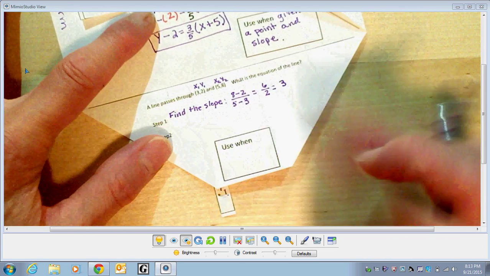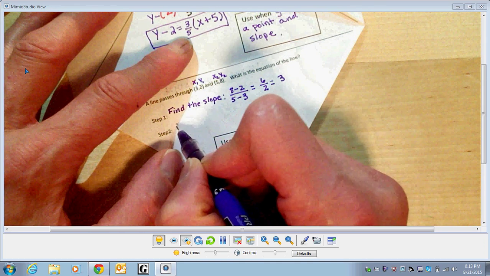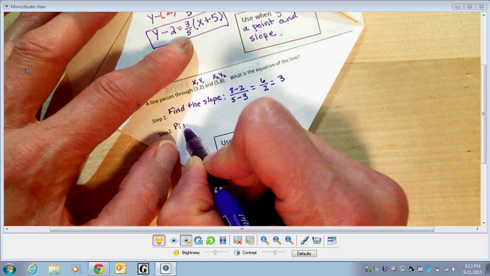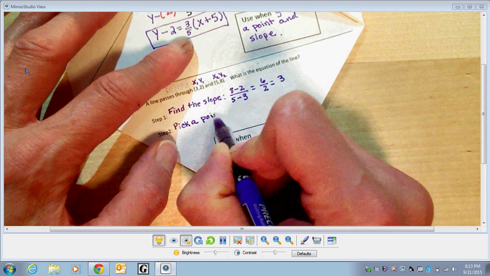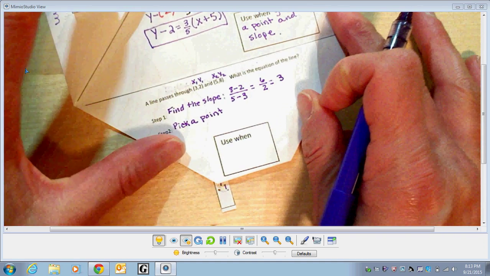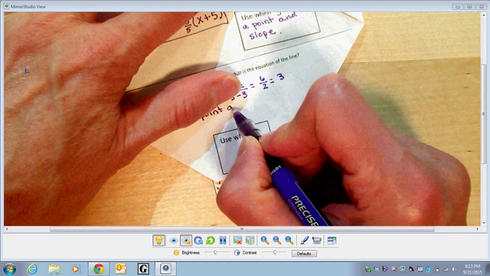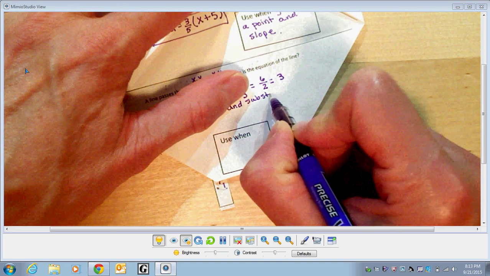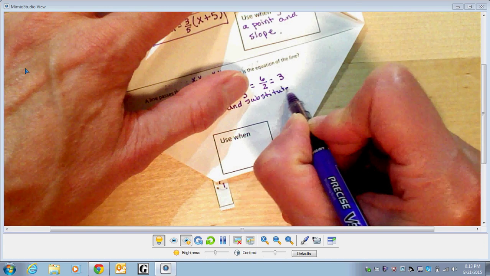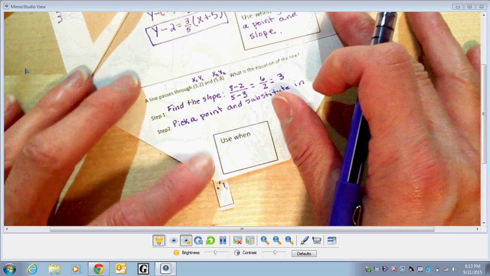So step 2 is I'm going to pick a point. Doesn't matter which point you pick. They both will be valid, so you have to choose one and substitute in. Okay?